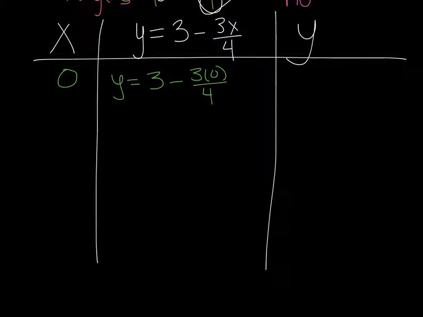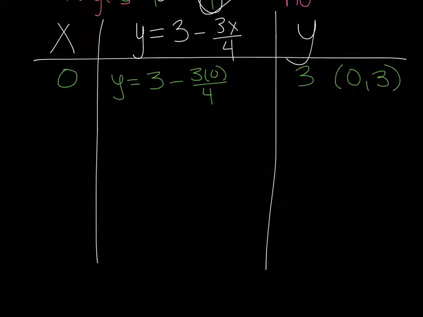And what I'm looking for, I want to know what y would equal. So if I simplify this, 3 times 0 gives me 0. 0 over 4 gives me 0. 3 minus 0 gives me 3. So if x is 0, y would be 3. Are both of those whole numbers?